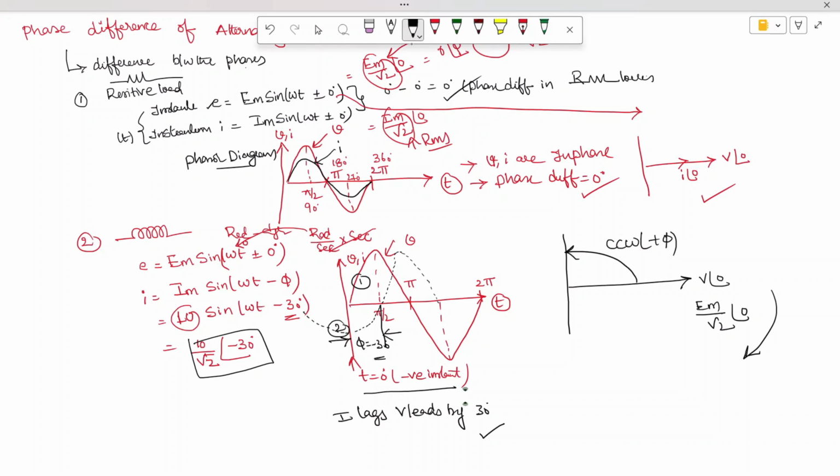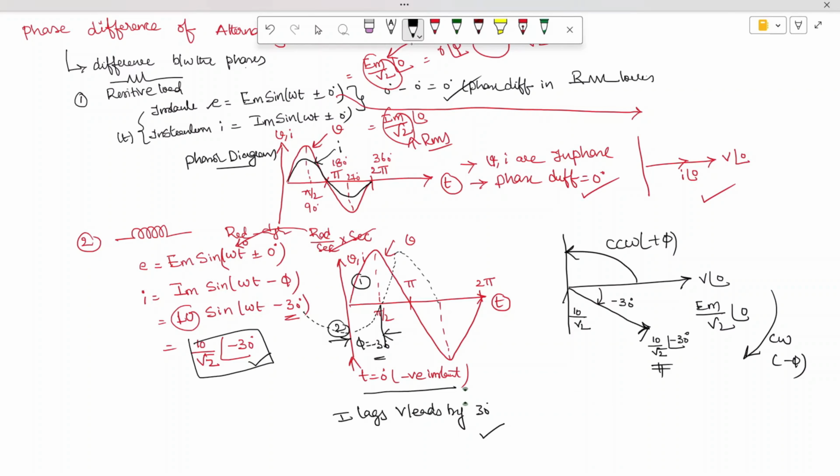When you travel in the clockwise direction, we take it as minus 5. What is the magnitude here? 10 by root 2. So draw that magnitude, with an angle of minus 30. Whenever it is traveling in this direction, this is minus 30 degrees. So the magnitude is 10 by root 2 at an angle of minus 30 degrees.